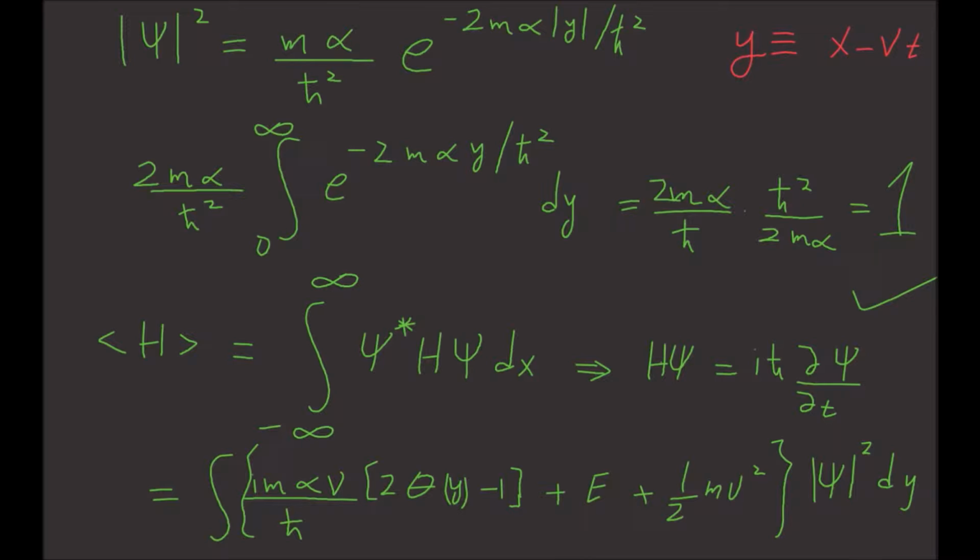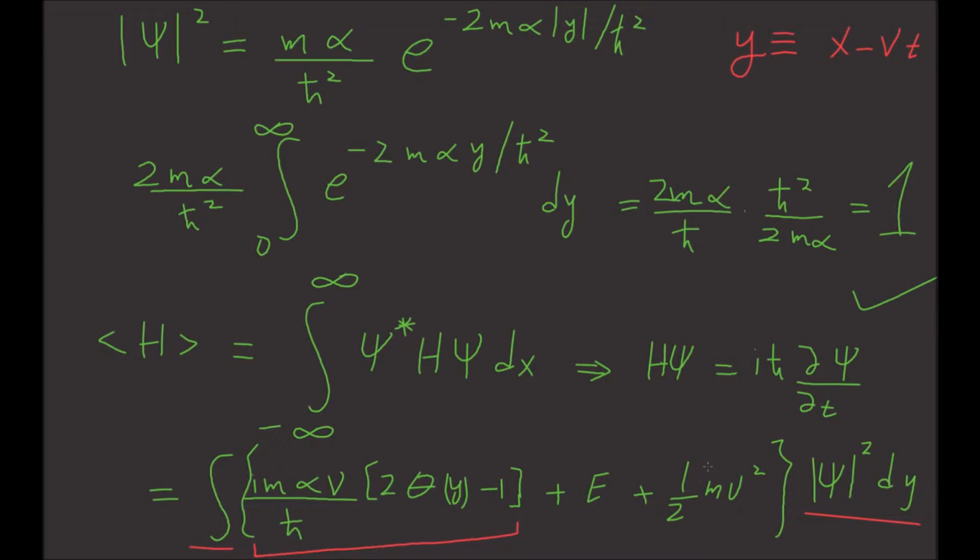First of all, this integral, we know it's 1, right? We did it above. And this other integral must be 0. The delta-like integral kills everything, so it must be 0.